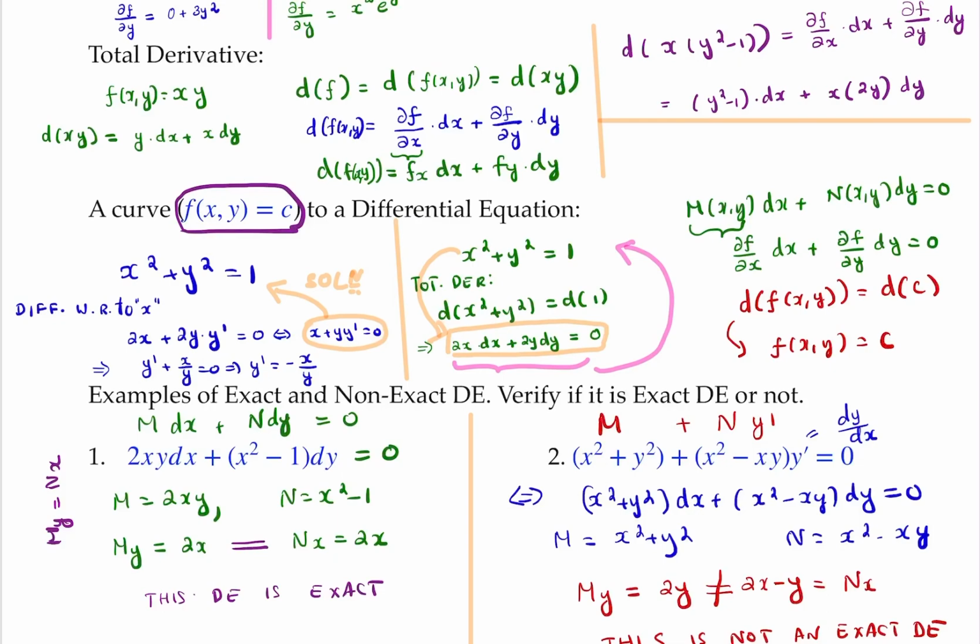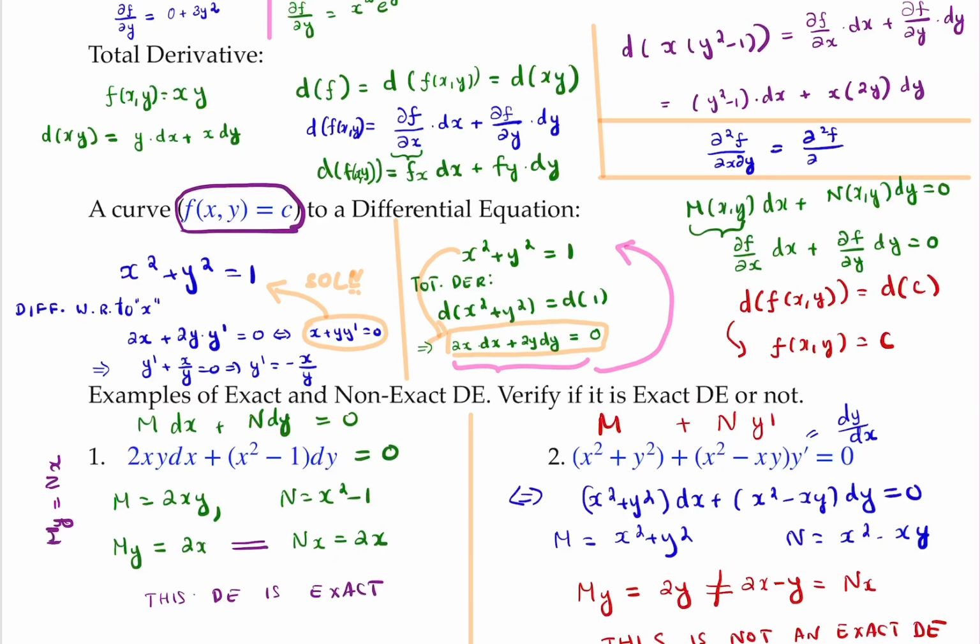For a function to be nice, continuous, and continuously differentiable, the following must happen: the second mixed partial, the partial derivative of f with respect to x and y, should be the same as the partial of f with respect to y and x.